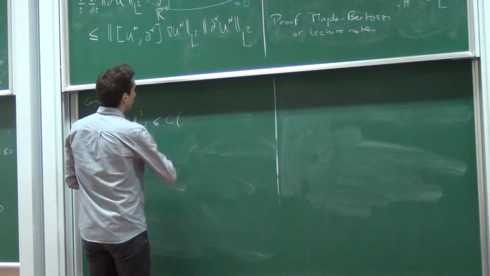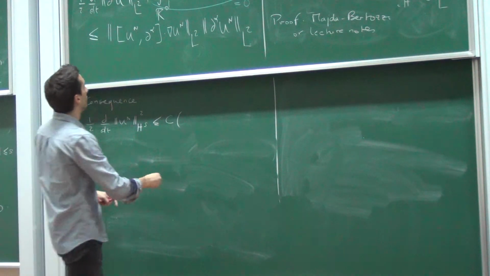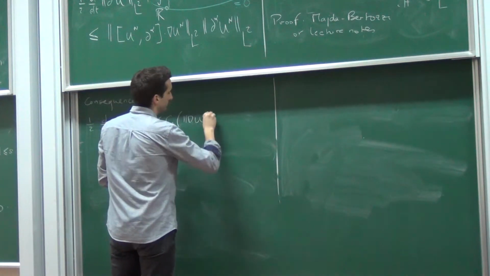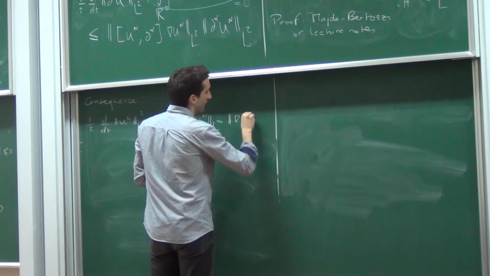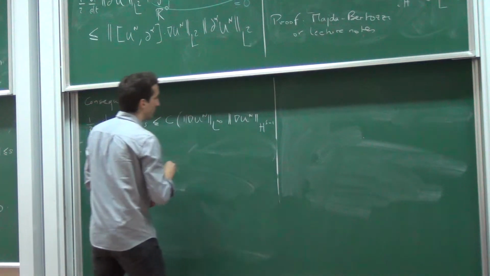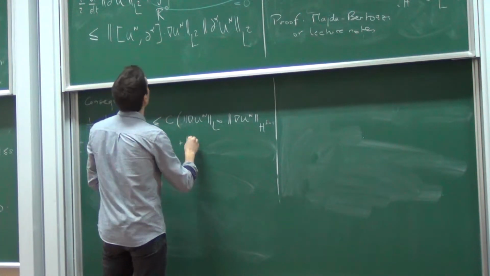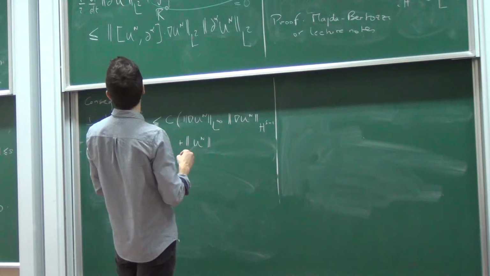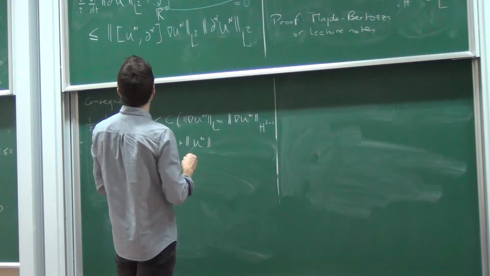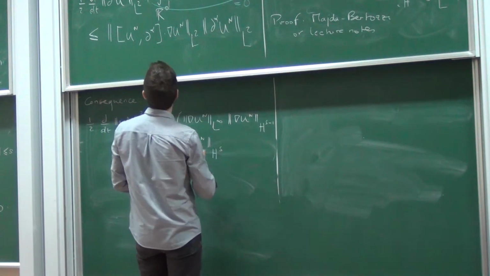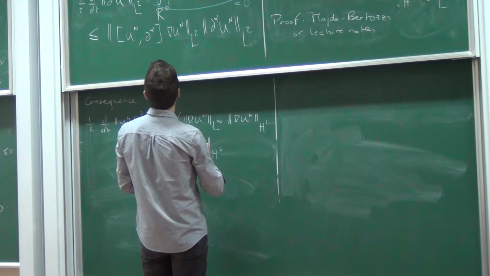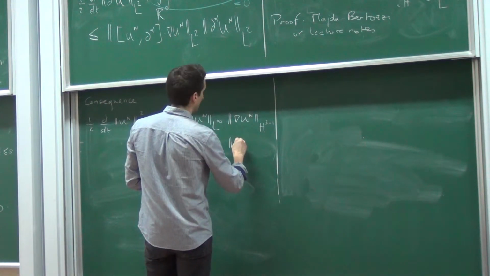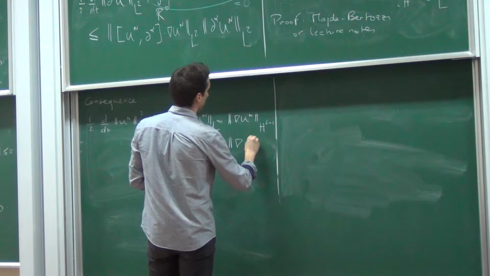I will have a constant, I will have the gradient of un in L infinity, the gradient of un in Hs minus 1, plus un in Hs and the gradient of un in L infinity.